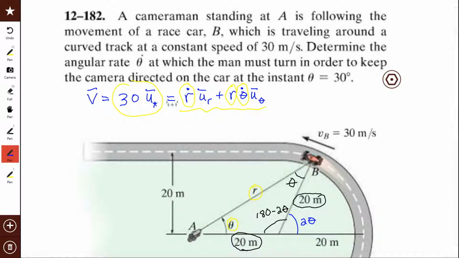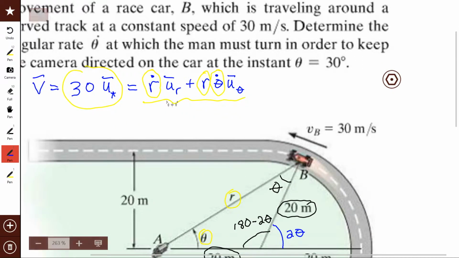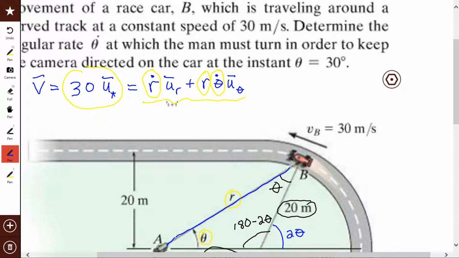Okay, so I need to find out where the u_r, the u_theta, and the u_t are. So I'm going to just draw a picture on here, and we'll zoom in a little bit. The u_r is found by starting, because I'm measuring r and theta from here, so I'm going to draw the line straight out from that origin, and that is my u_r direction.